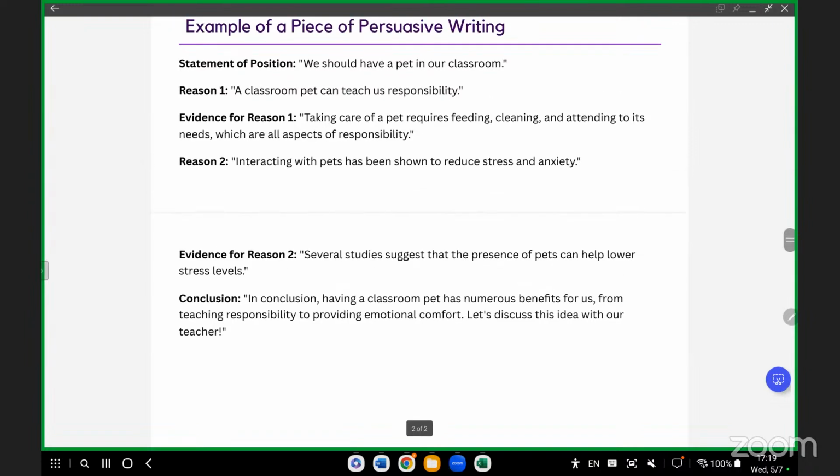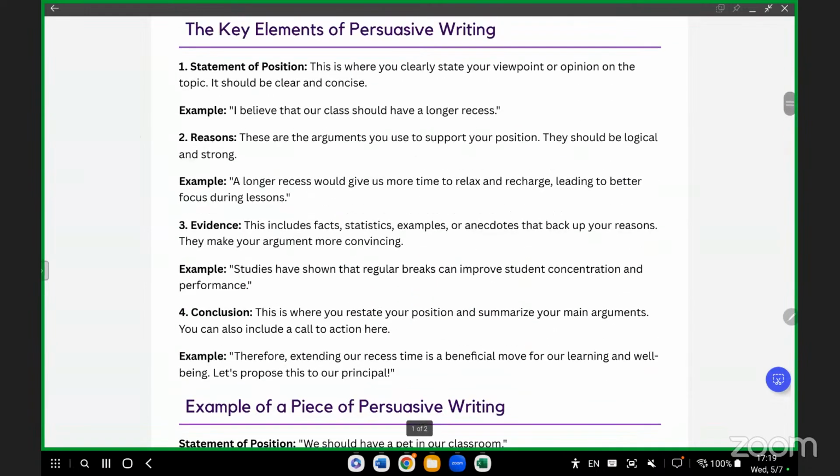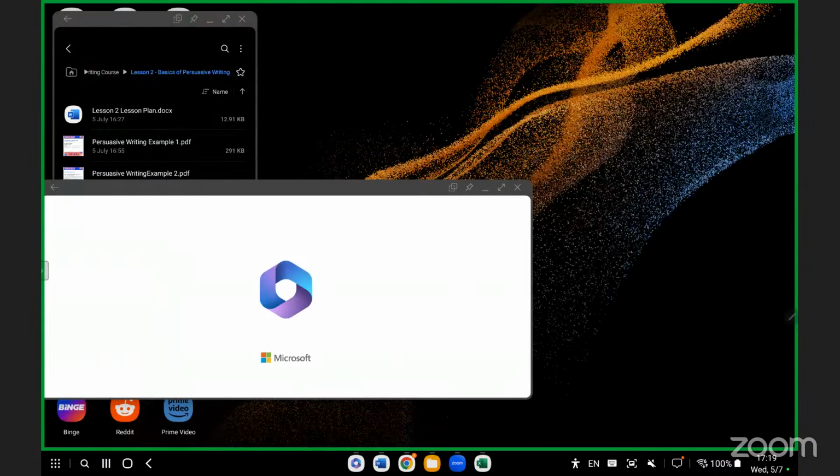So we see in that short piece of writing all of the sections of the persuasive writing that we've just talked about. So let's recap what we've just talked about. What is the first part of a piece of persuasive writing that we need to include?